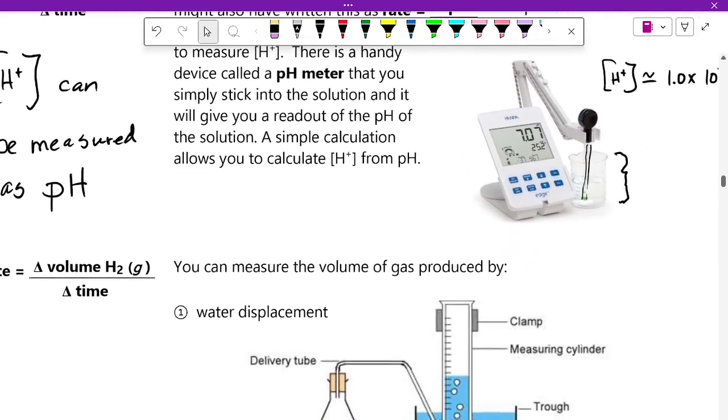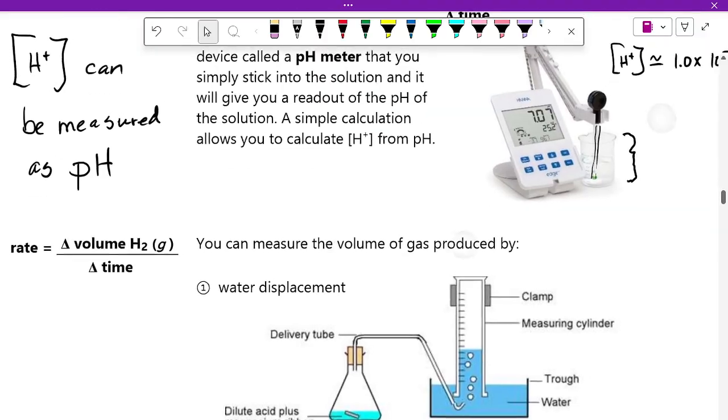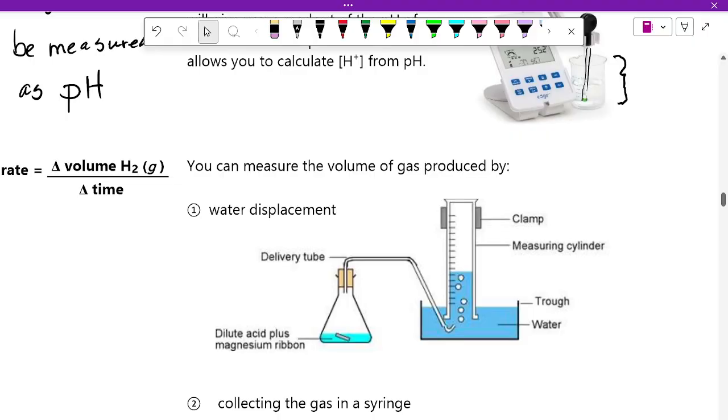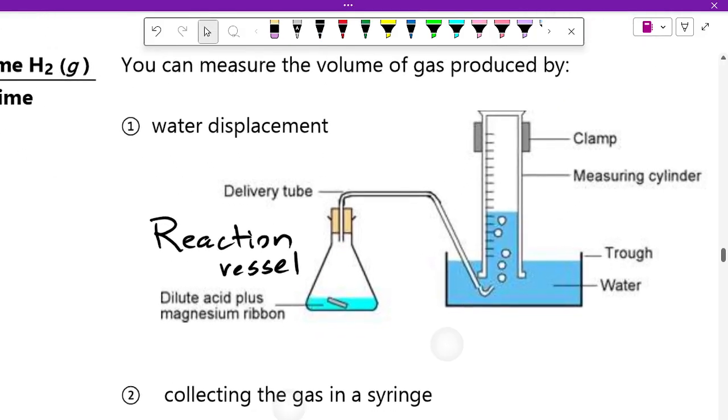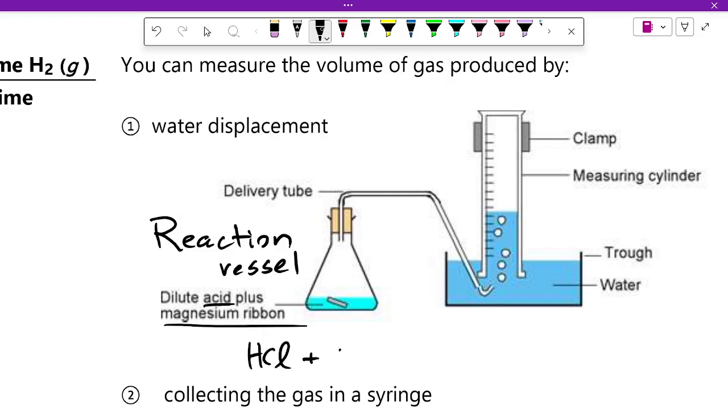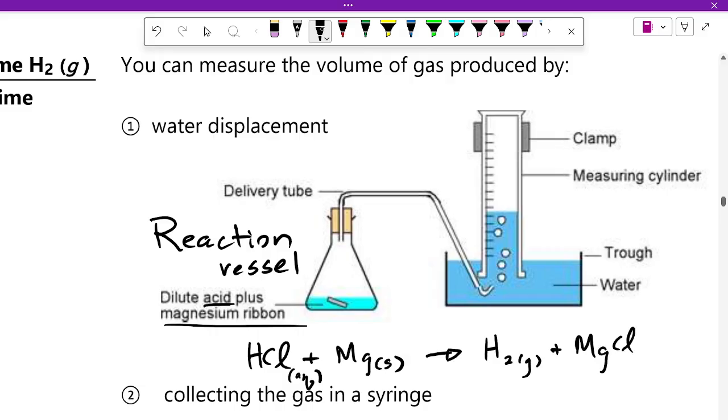So how would we measure the volume of a gas? One thing that you can do is you can have your reaction vessel here. In here we have some dilute acid plus magnesium ribbon. So this would be like the reaction that we had earlier where we had HCl plus Mg goes to H2 plus MgCl2 aqueous.